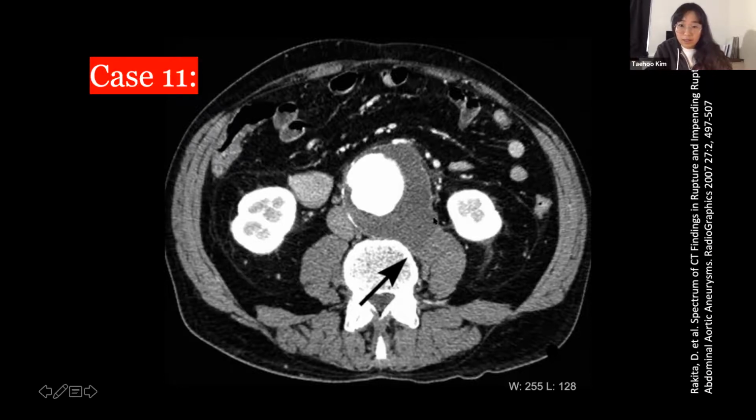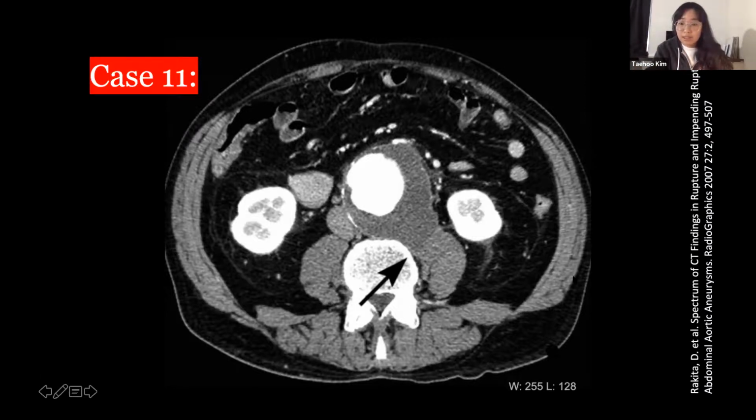This is already a contained rupture of the aneurysmal sac, but it hasn't totally ruptured. It's draping over the left psoas and the vertebral body. It means that the patient can rupture any minute. So this is a very emergent case.